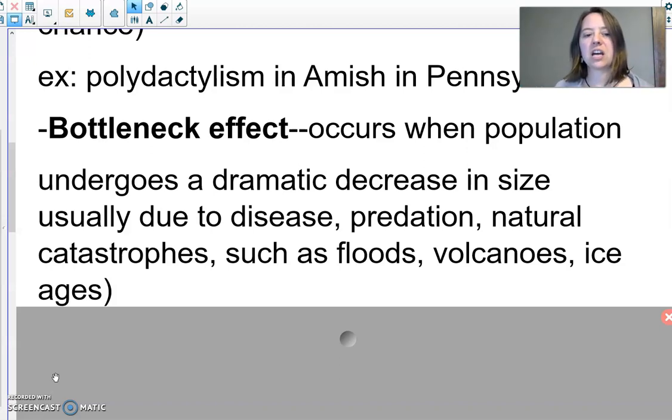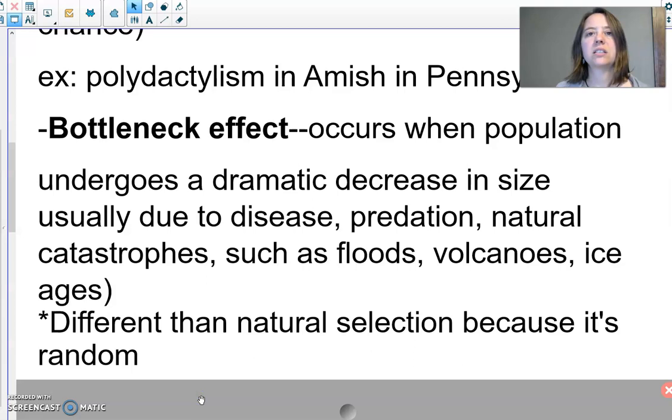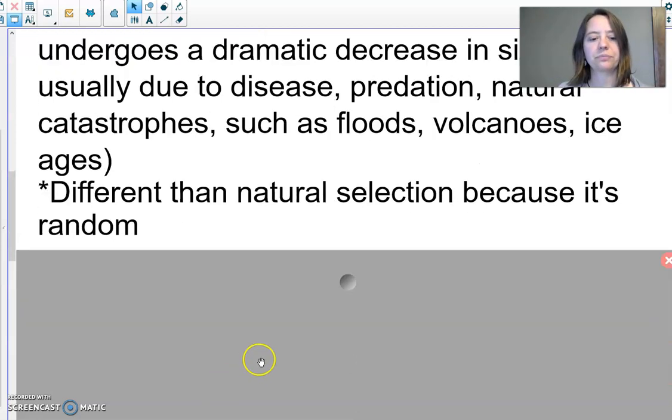There was a natural catastrophe, a volcano, and it wiped out 90% of that population. And so it's different than natural selection because it is random. The genes that get selected for are just random. It was the 10 lucky individuals that didn't die from the volcano. It wasn't that they were better suited for their environment.